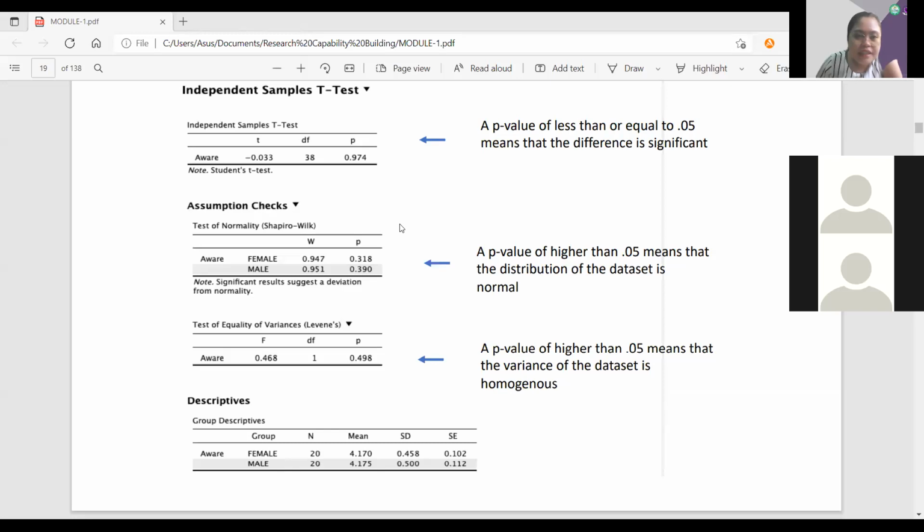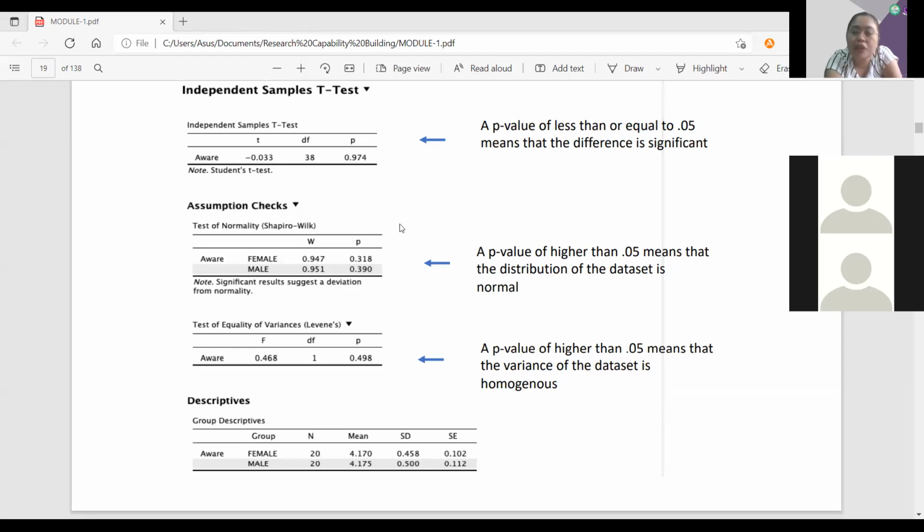So, okay, I hope you can see it's a screen. Take note. We have the independent sample t-test first. Na-mention ko na how are we going to interpret that a while ago, right? When a p-value is less than or equal to 0.05, it means you have to reject your null hypothesis.